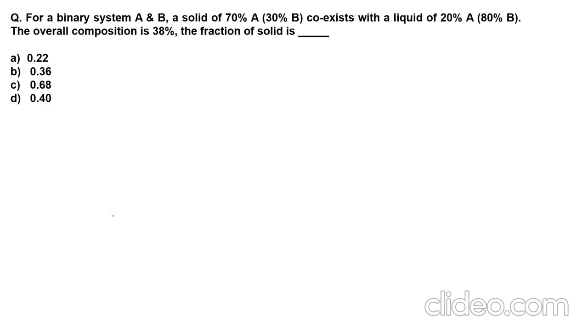Now we have a question on the lever rule again. I want you to attempt this question and see what the answer is. We are given a binary system with two components A and B. A solid of 70% A, which means 30% B, because it is always 100%, coexists with a liquid of 20% A, 80% B. The overall composition is 38%.